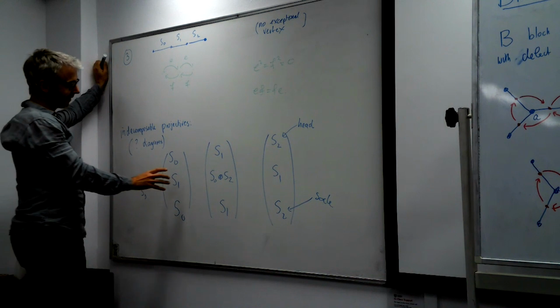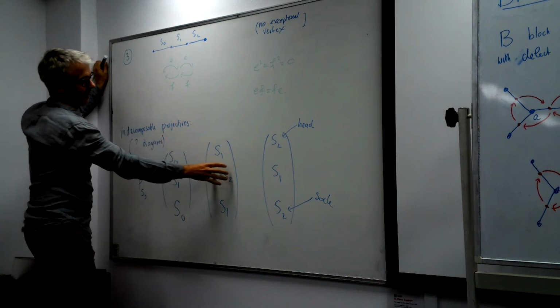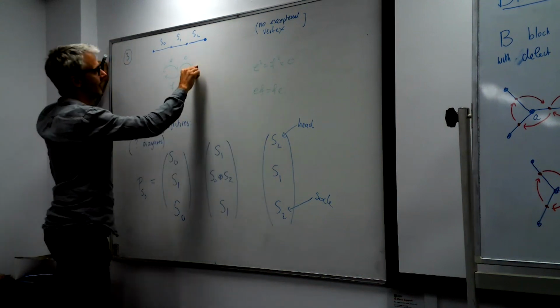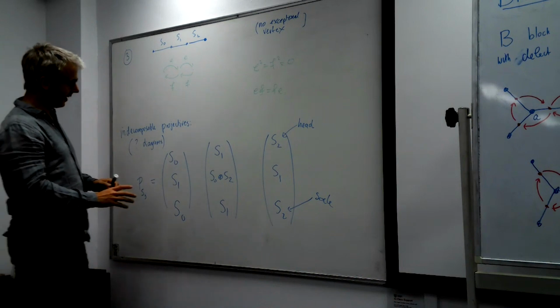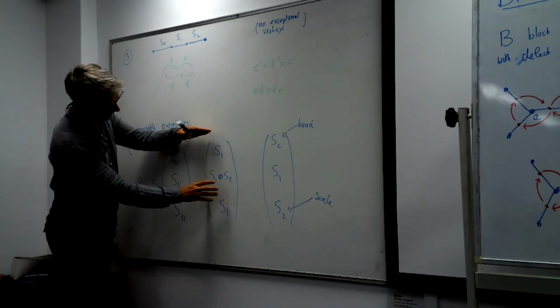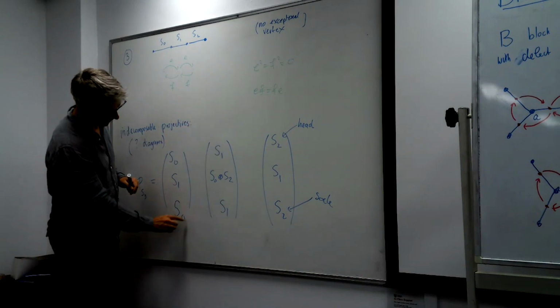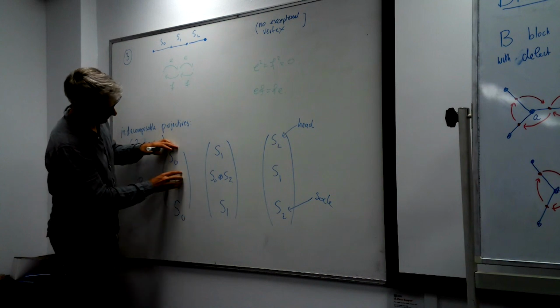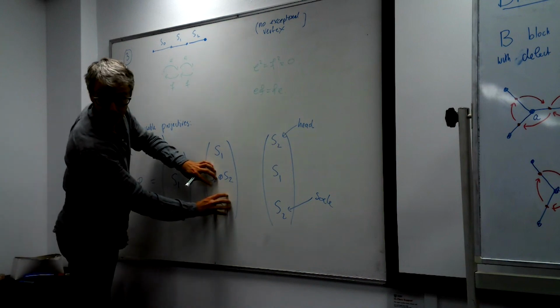So really, I secretly think that this is sitting here, this is sitting here, and this is sitting here. And now there's a map from here to here, which kills the circle and maps that S0, S1 to here.